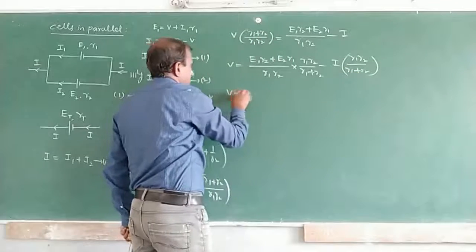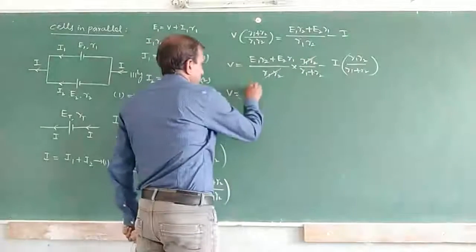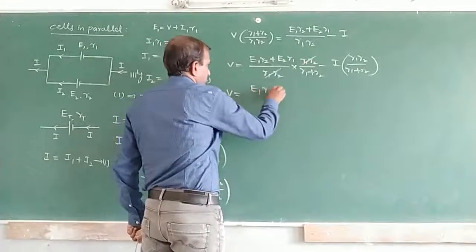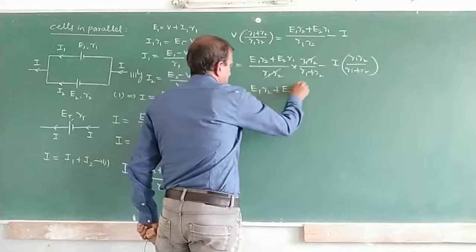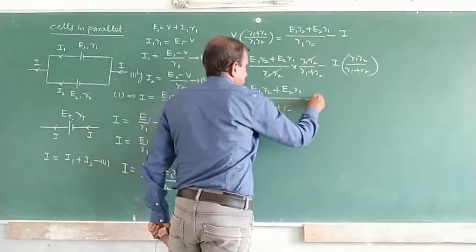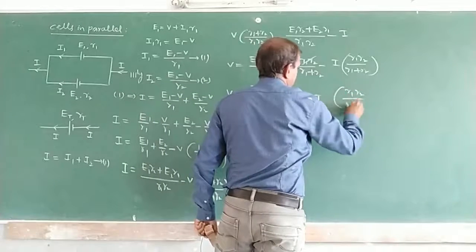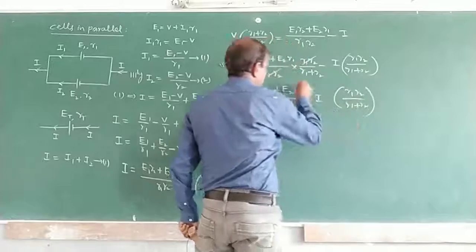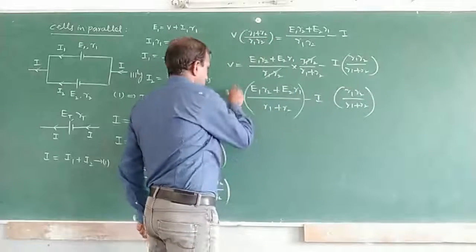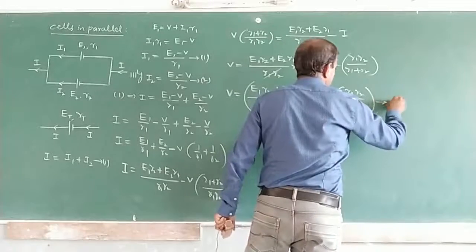R1 R2 cancels, so V is equal to E1 R2 plus E2 R1 divided by R1 plus R2 minus I into R1 R2 divided by R1 plus R2. This is the terminal potential difference V. Call this equation number 2.